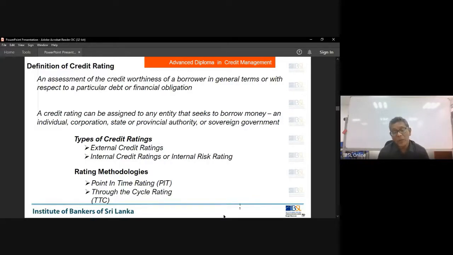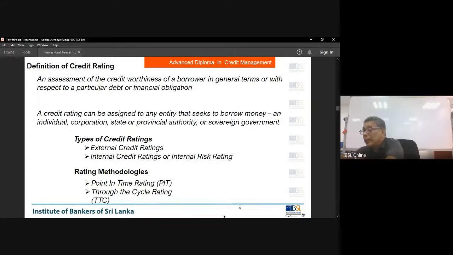I think you may be aware that in Sri Lankan banks, you need to obtain a rating from a local, central bank registered credit rating agency, right?